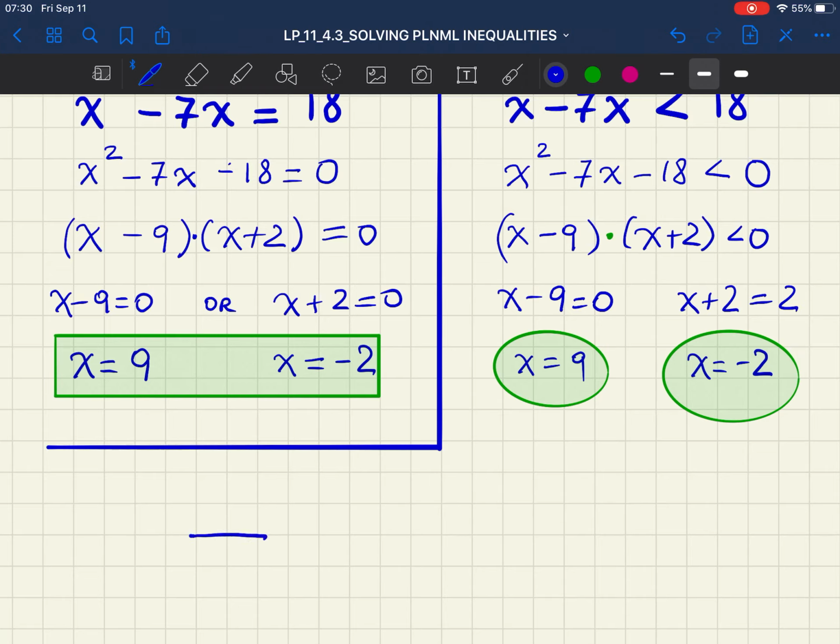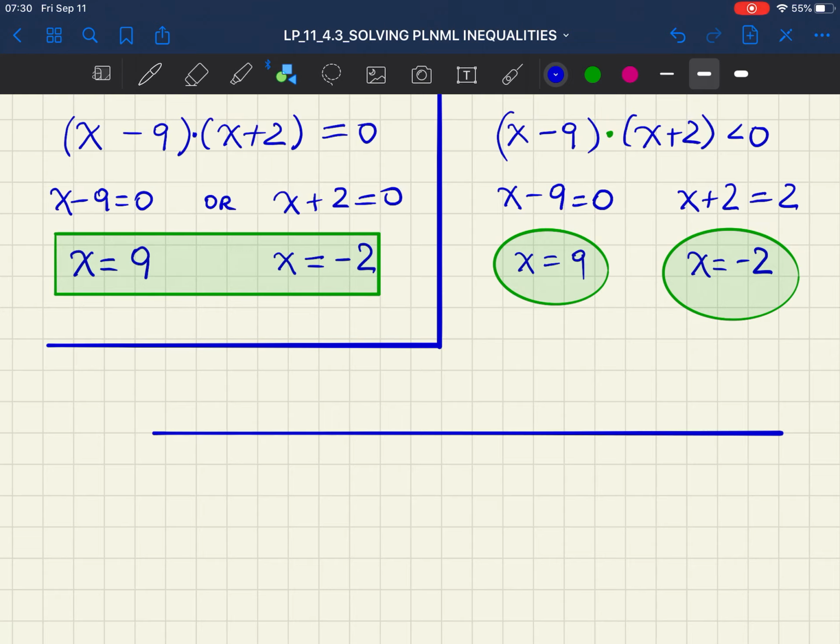On this chart, you need to draw a horizontal line first, and then a vertical line right beside it. The horizontal line will represent the values of x from negative infinity to positive infinity.